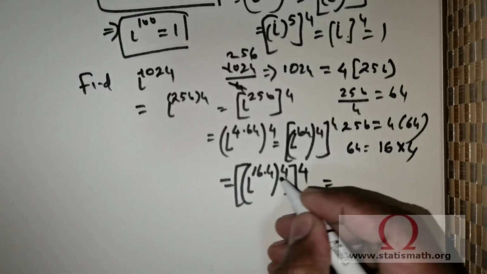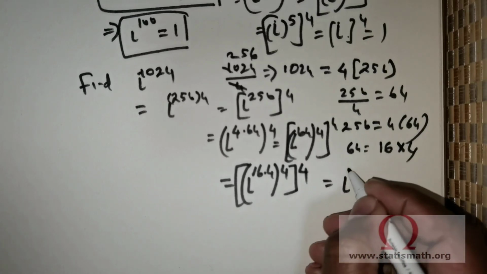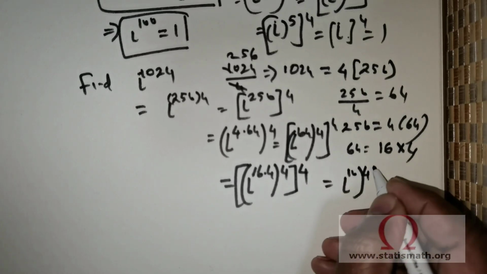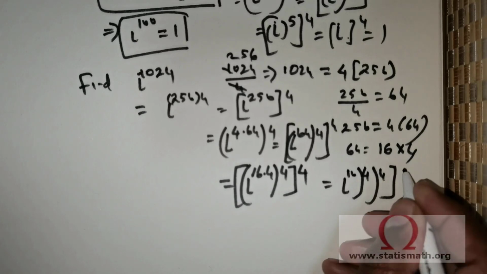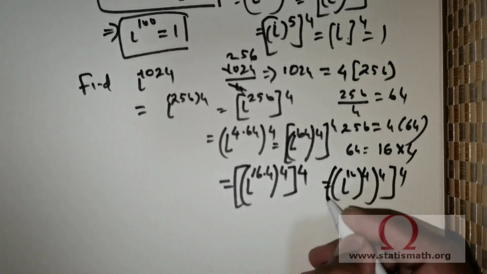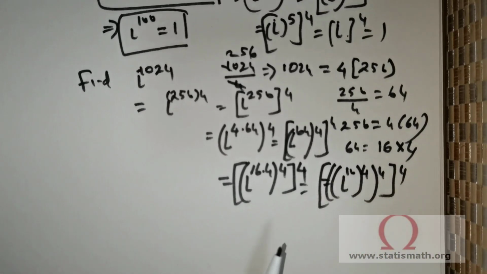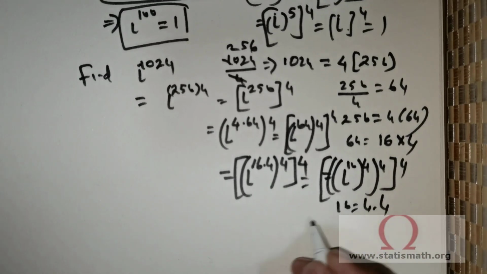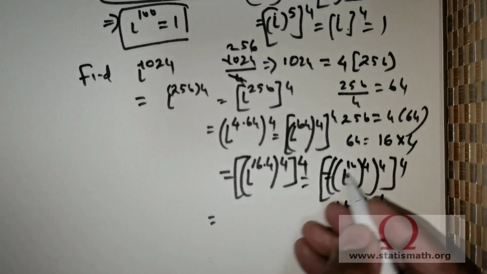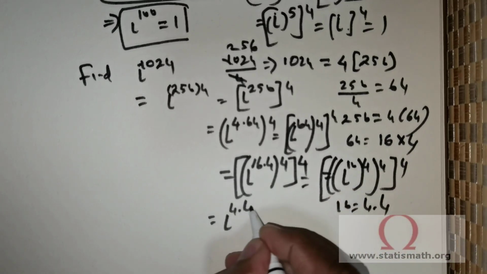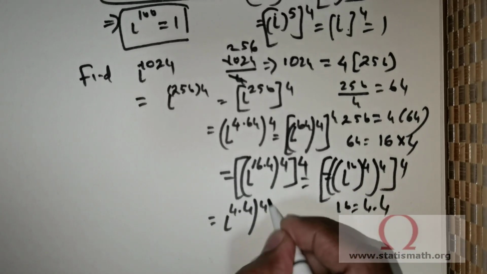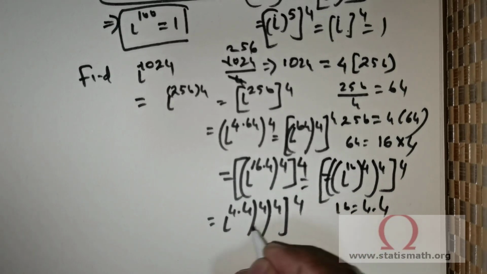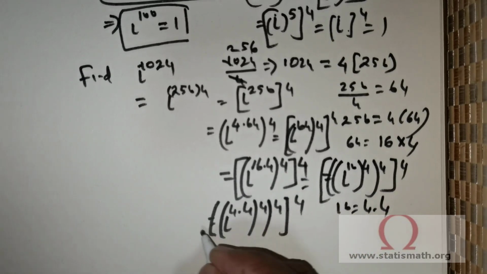Now I can further rewrite this as i raised to the power 16, raised to the power 4, raised to the power 4, raised to the power 4. Now i raised to the power 16 is actually 4 multiplied with 4. So this is going to be i raised to the power 4 times 4, raised to the power 4, times 4, raised to the power 4. So I got this.